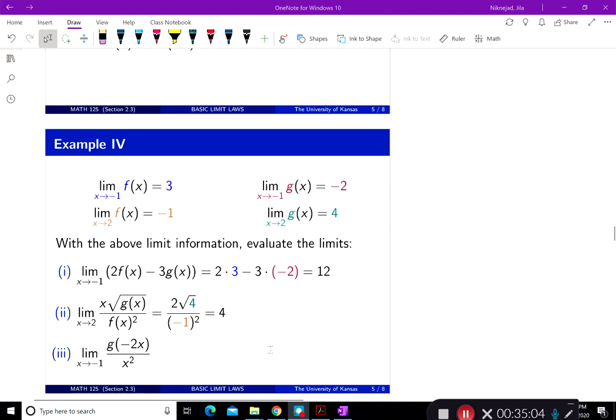This is example 4, part 3. One of those limits that we are not able to do with the basic laws, but in the follow-up sections we are able to do, is this limit. It's a quotient, but the top part is a composition function.